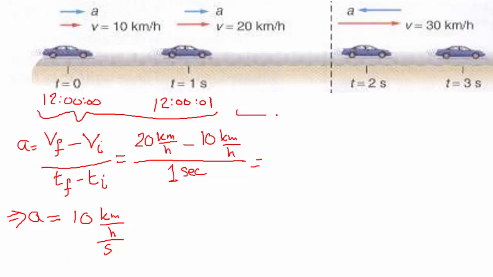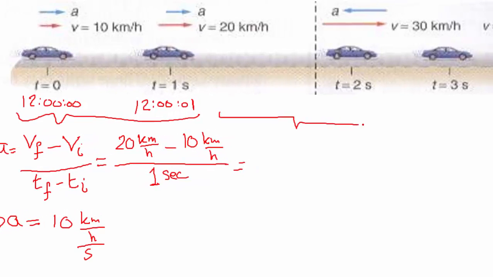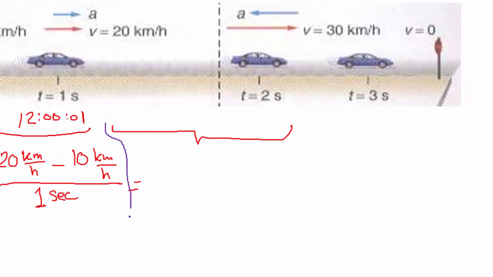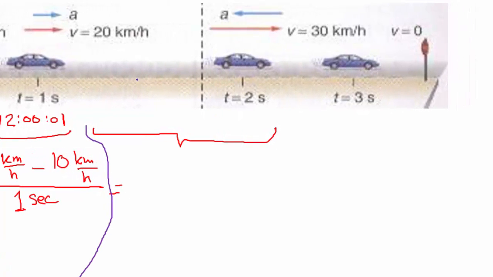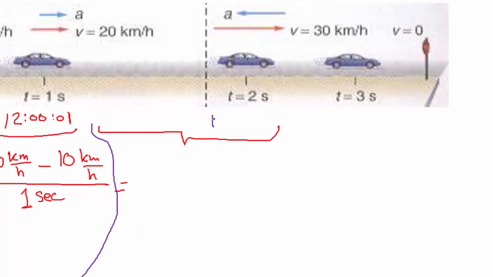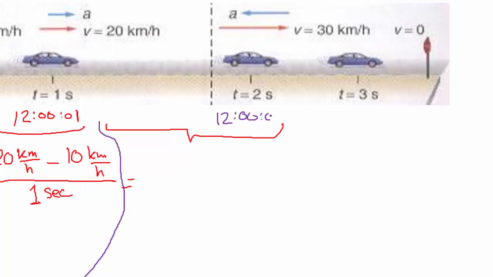Now let's look at the second. Let's say now in 1 second, the velocity also increased from 20 to 30 kilometers per hour. So that's 2 seconds past 12. If we started at 12 exactly, this will be 2 seconds past 12. Apply the same equation. Acceleration is the final velocity minus the initial velocity divided by the time taken. And now here the final velocity is what?